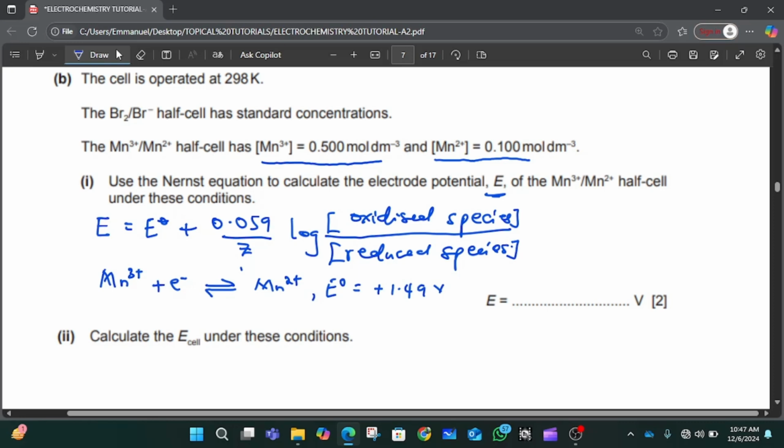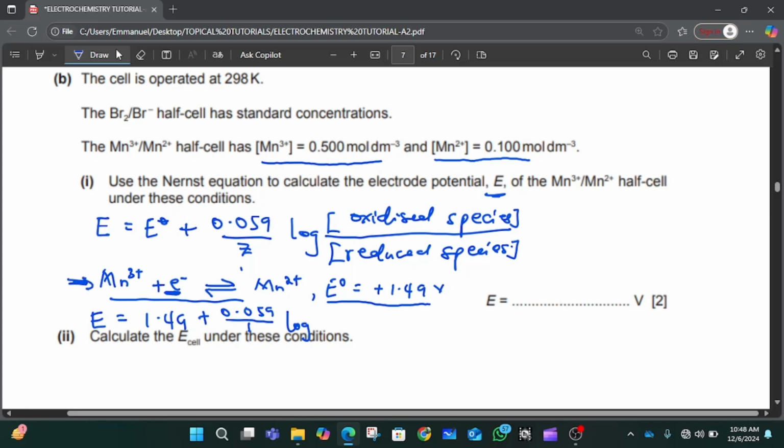From the data booklet, the Mn³⁺ to Mn²⁺ half cell equation is given as this. The electrode potential value for this equation is plus 1.49 volts. So our E is equal to 1.49 plus 0.059 over the number of electrons transferred in this equation, which is 1, so over 1, log concentration of oxidized species.